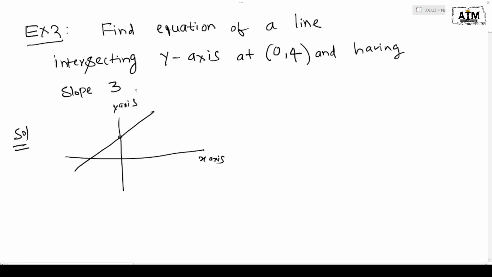This implies the y-intercept c equals 4 and the slope m equals 3. Now the formula y equals mx plus c, with m equal to 3, so 3x, and c value 4. So y equals 3x plus 4 is the required equation of the line.